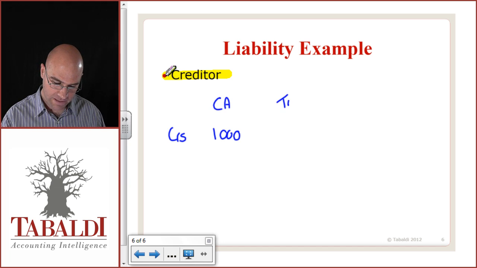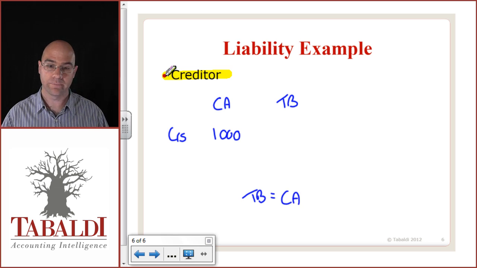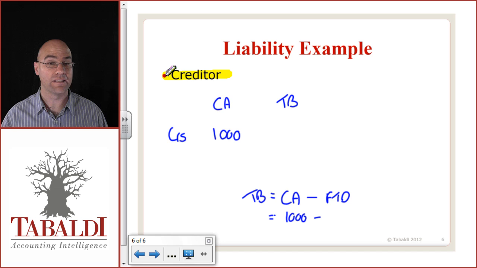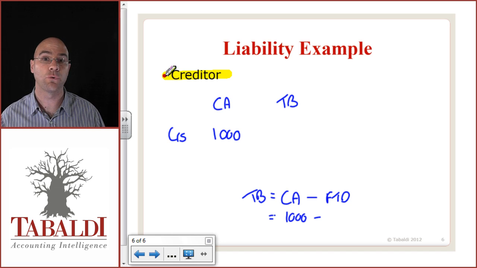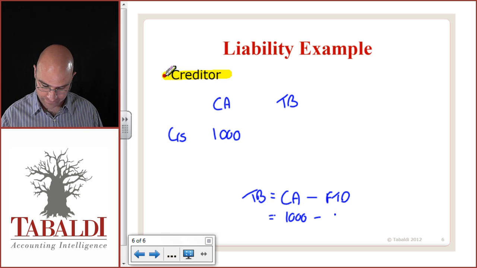So therefore the tax base over here is going to equal the carrying amount minus, again, future tax deductions. And you'll see over here that the carrying amount of 1,000 minus 0 future tax deductions, because I've already received the tax deduction in the period that we're discussing.